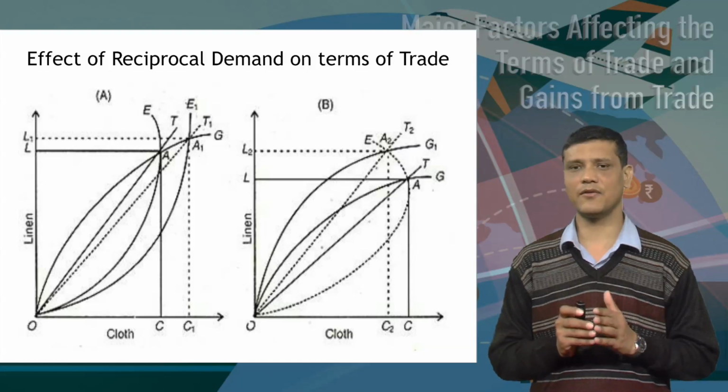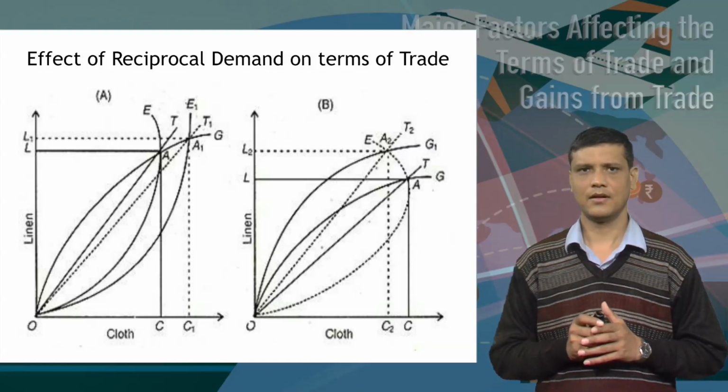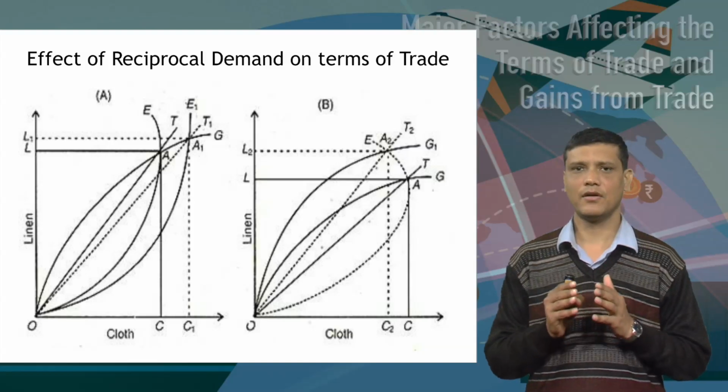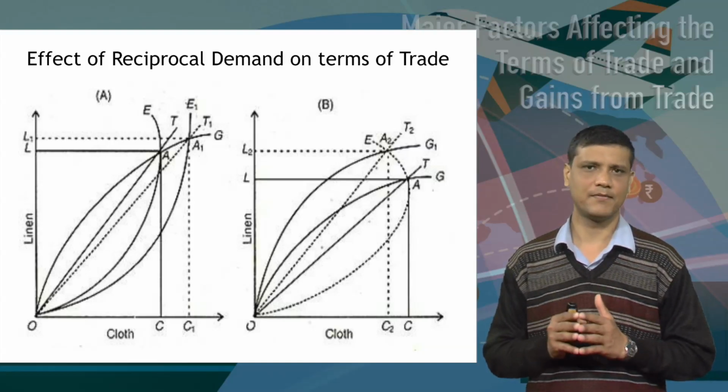Suppose England's demand for Germany's linen increases. Now England will be prepared to sell more cloth for Germany's linen.